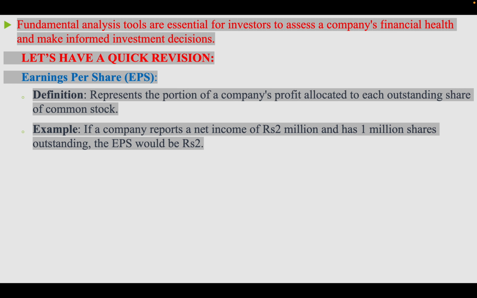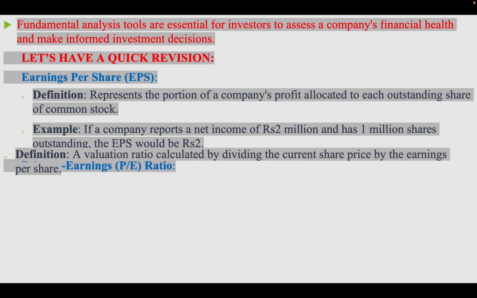Example, if a company reports a net income of rupees 2 million and has 1 million shares outstanding, the EPS would be rupees 2. Price to earning, PE ratio.